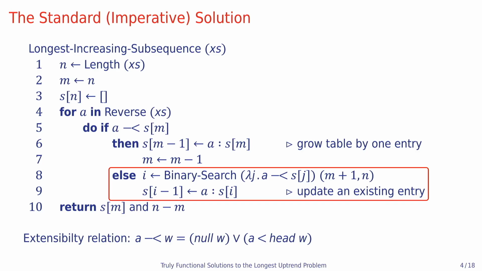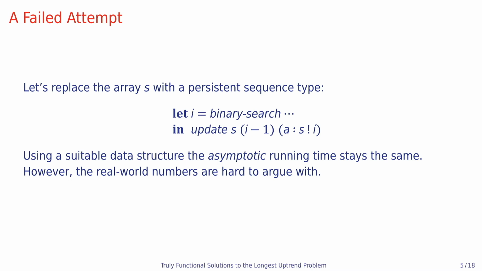You see here in the for loop, the only non-constant time operation is the binary search operation, and this takes log n time, so the whole solution takes worst case n log n time. If this sequence type supports binary search, lookup, and update in log n time, we still get a functional n log n time solution. But you see in the benchmarks, the performance is in reality much, much slower.